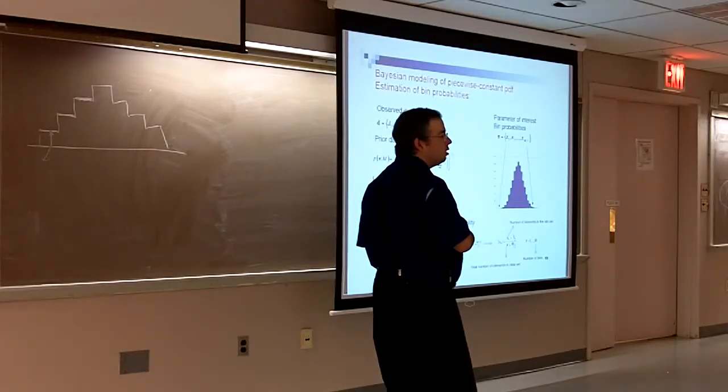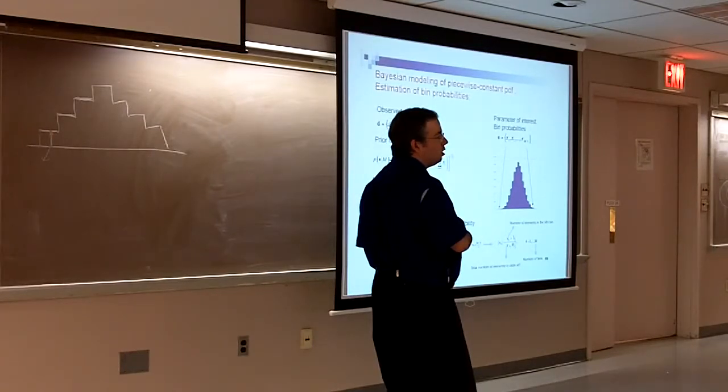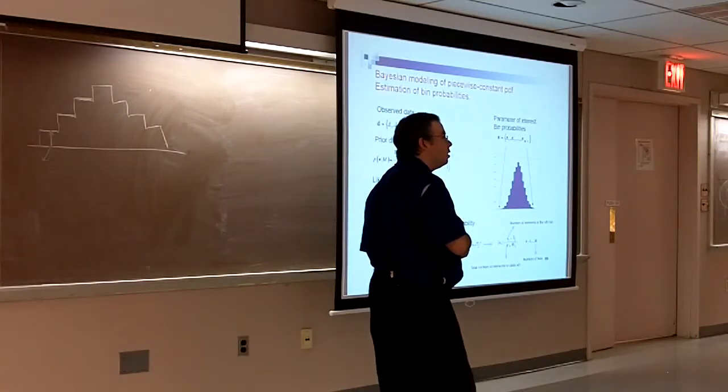Okay, yours is like a fixed shape. Yeah. Well, we'll talk about that. I think that's a problem if you want to estimate it. Estimate what? If you want to determine the number of bins, you can't use a Dirichlet distribution with a fixed shape. You have to use a process. You have to have the shape parameter depend on the number of bins.